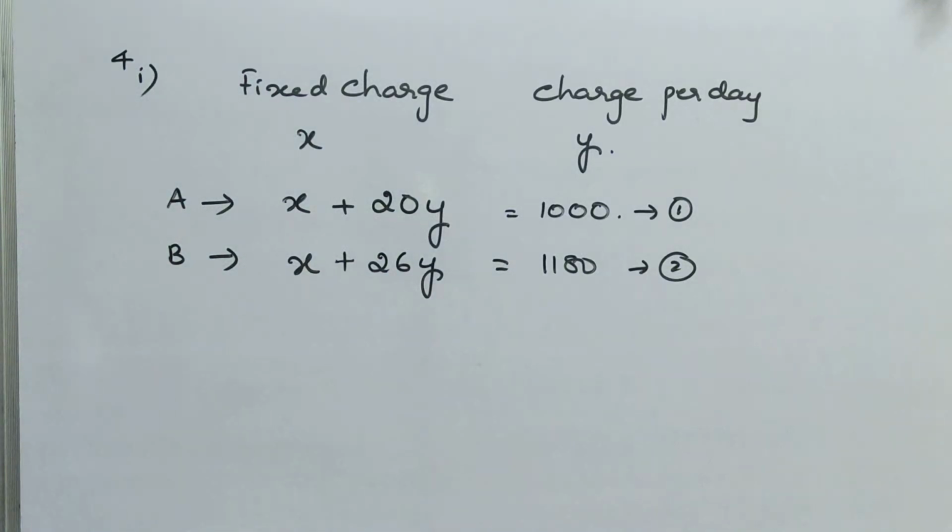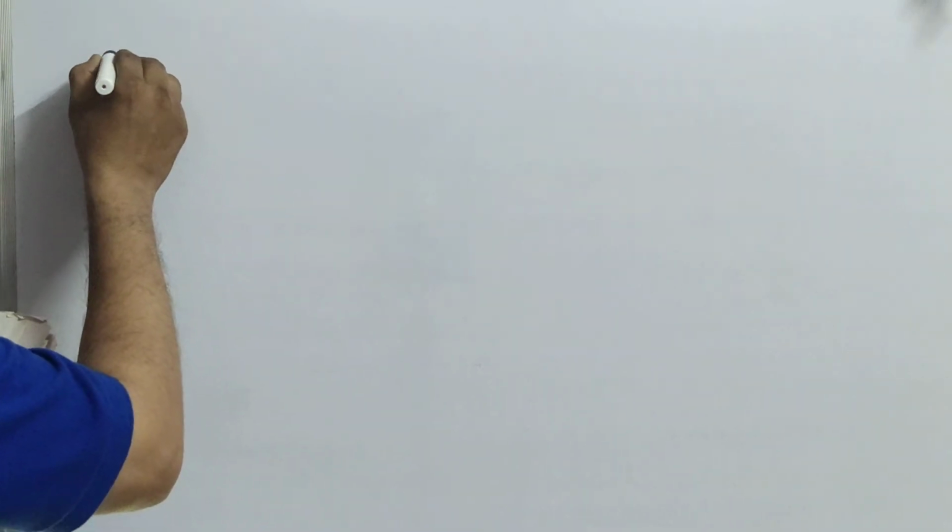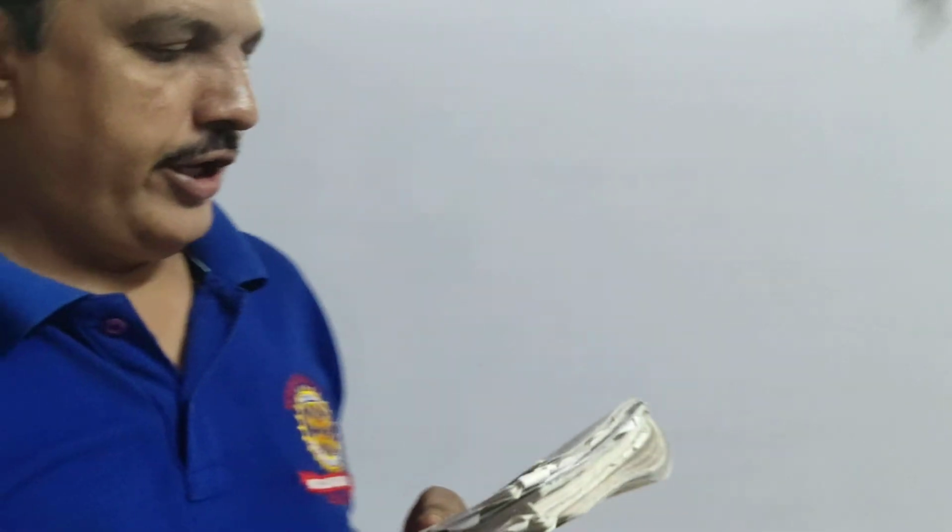Coming to the third question. Ish scored 40 marks in a test. Means she secured 40 marks in a test.